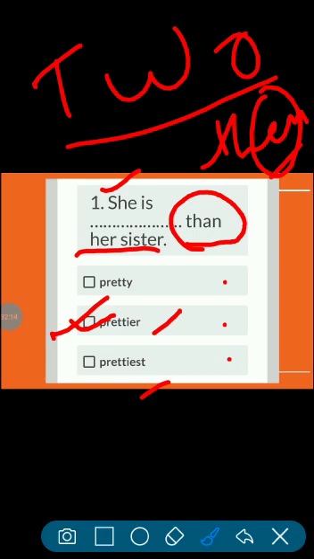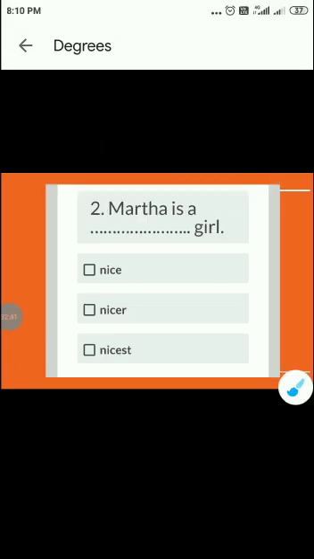When we have to compare two things, we have to use THAN. All right. This word is used after comparative degrees. So we find it here as a clue that if THAN is used in the sentence, then it has to be the comparative degree. Alright, dear students? Okay, let's move to the next.